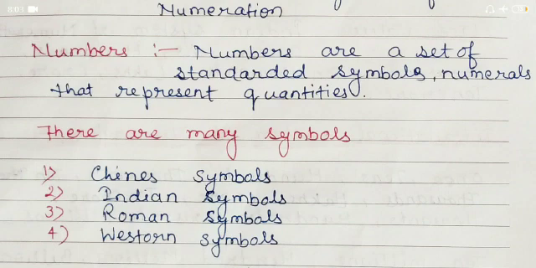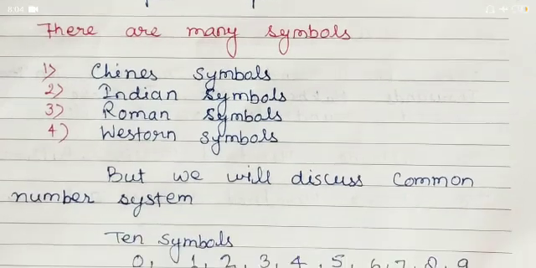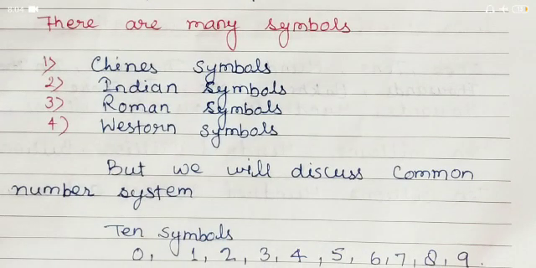Some of them are Chinese symbols, Indian symbols, Roman symbols, Western symbols, etc. But we will discuss here only the Western number system that has 10 symbols.